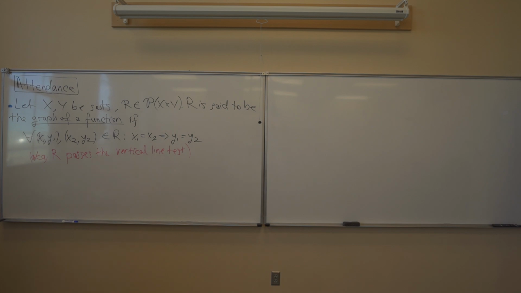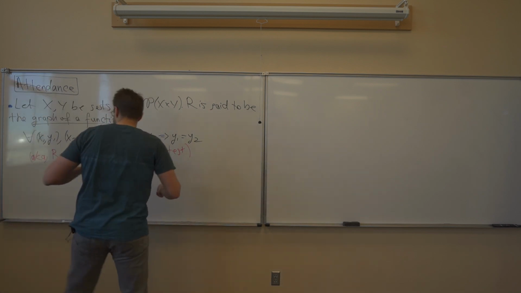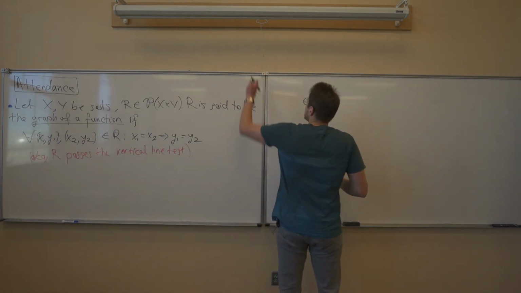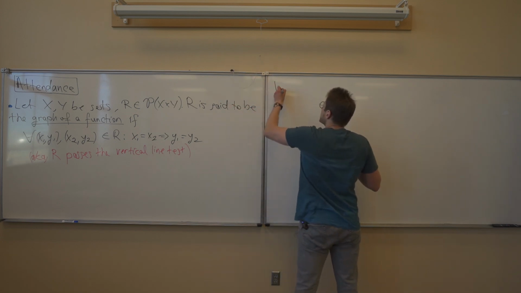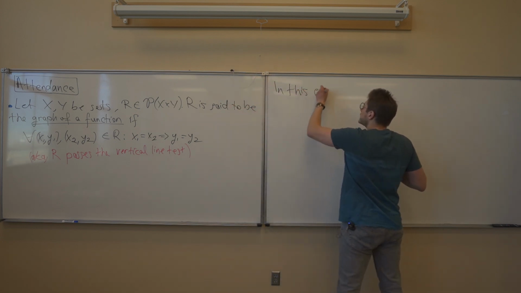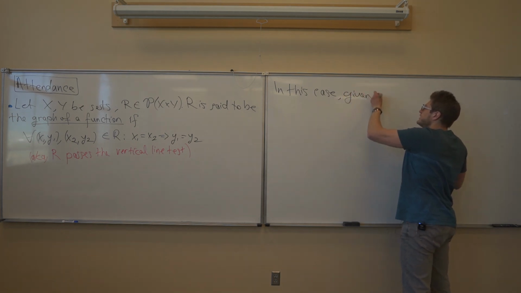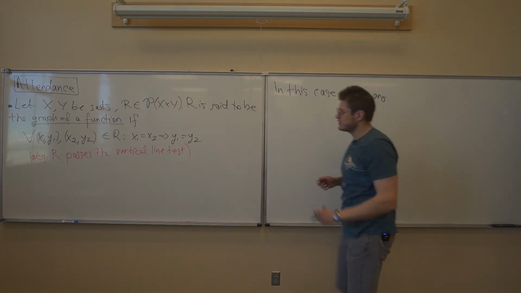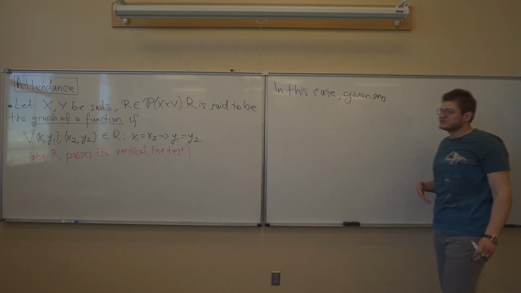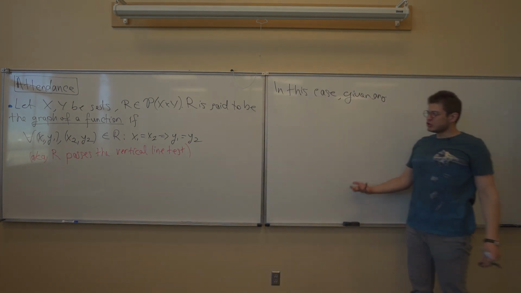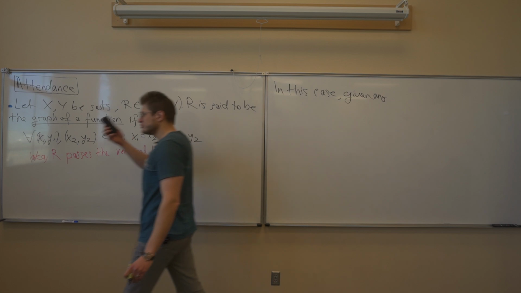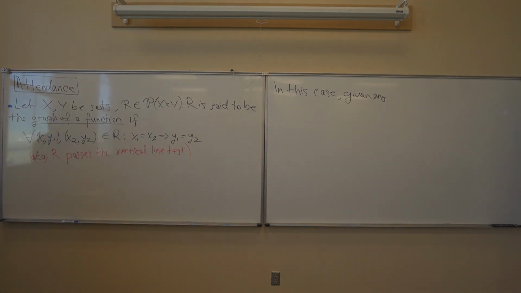In this case, that means that for any x value, there's a unique y value that is related to it using R. Let me write it here. Given any, I should be careful here, not any arbitrary x value, but really any point in the domain of R. So R should relate that x to some point in Y to begin with.